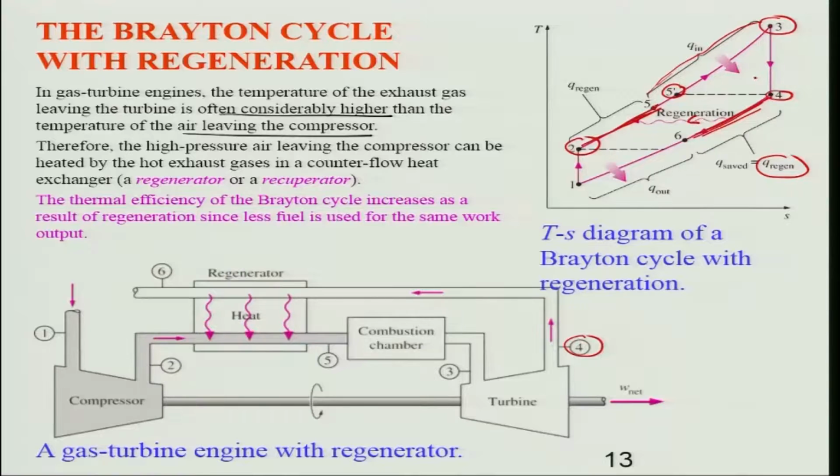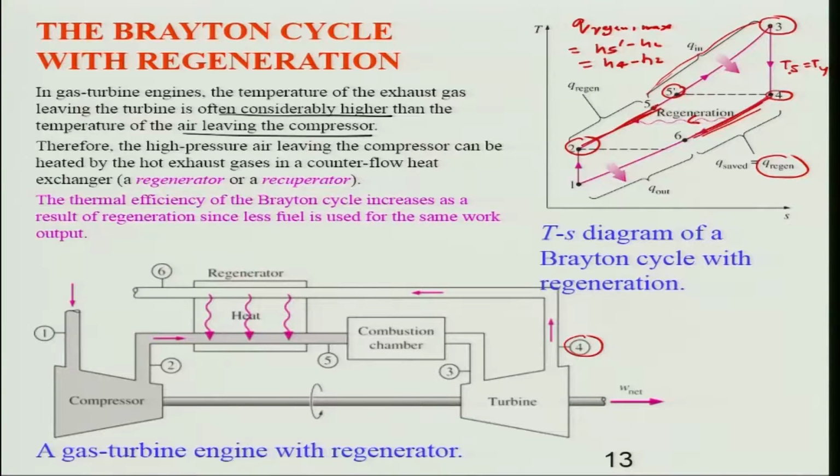So the maximum regeneration is going to be H5 dash minus H2, which is nothing but H4 minus H2. So this would be the case for ideal case where there is no losses and so forth, and thus your T5 is going to be T4.